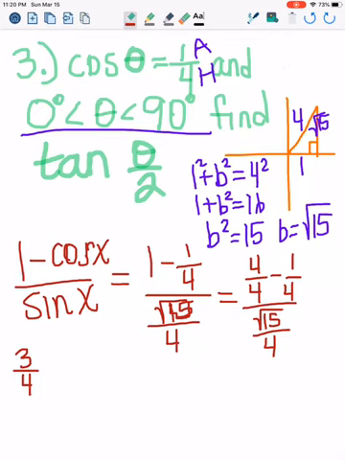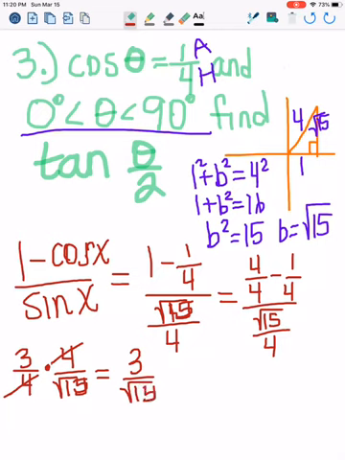And I think y'all can handle this. I'm going to do keep, change, flip at the same time, to multiply. Do y'all see here on the diagonal we have a 4 and a 4? Remember how we did cross reducing, so those can go away. So our not final answer, but almost there, is 3 over root 15.